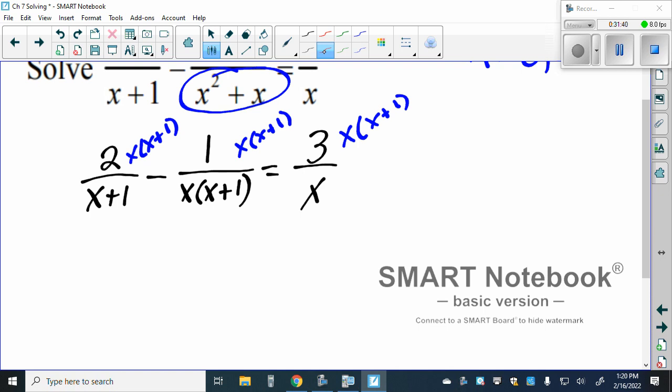If you're not sure that you need something extra, go on and start with what you know for sure and cancel out and see what we have. In the first one, the x plus 1 and x plus 1 would cancel out. In the middle, the x times x plus 1 would cancel out with the x times x plus 1.